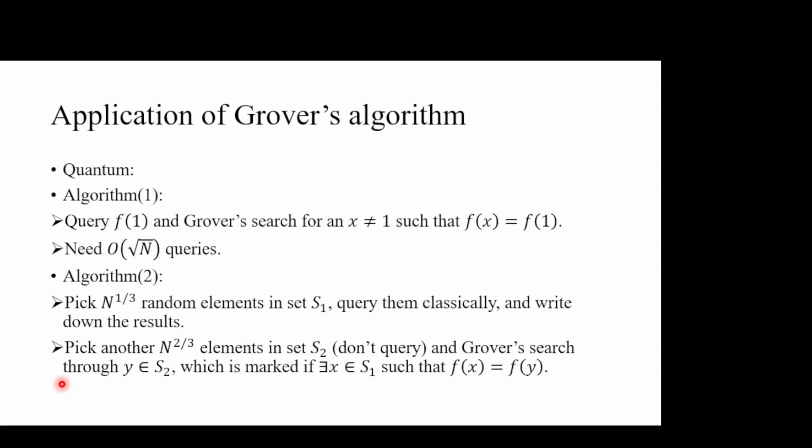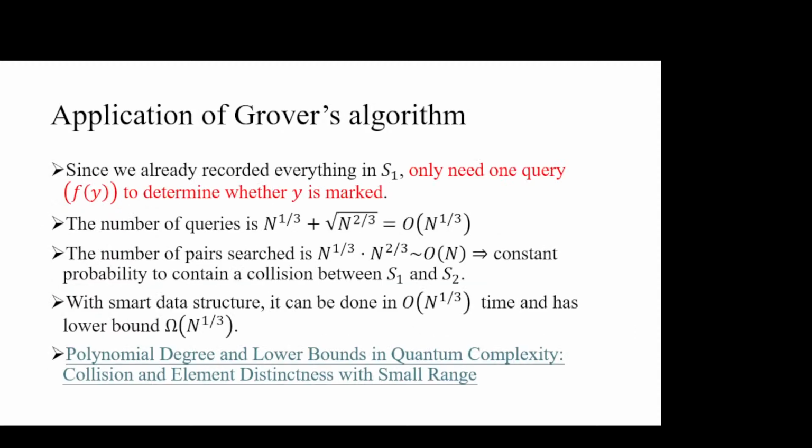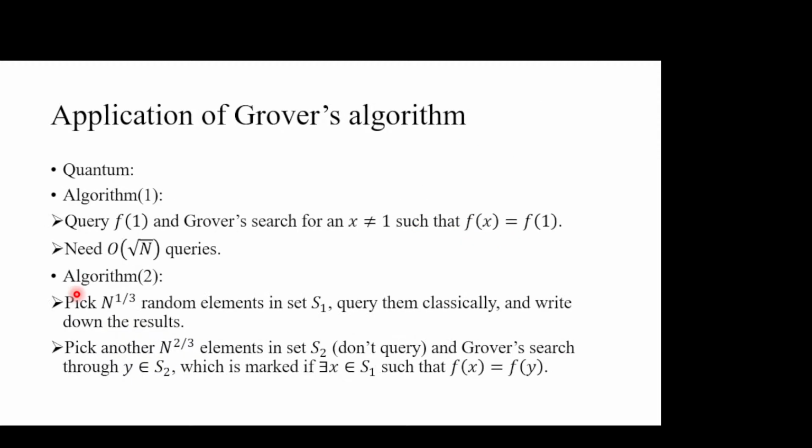And quantumly, we want to use the Grover search algorithm to speed up finding a collision here. So we have a pretty smart construction to do this using order square root n queries. I think we're short on time, so this will probably be the last algorithm we talk about.